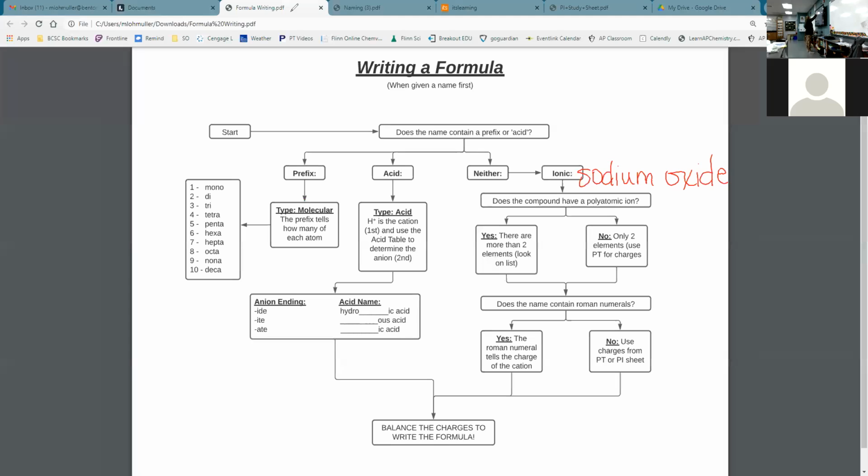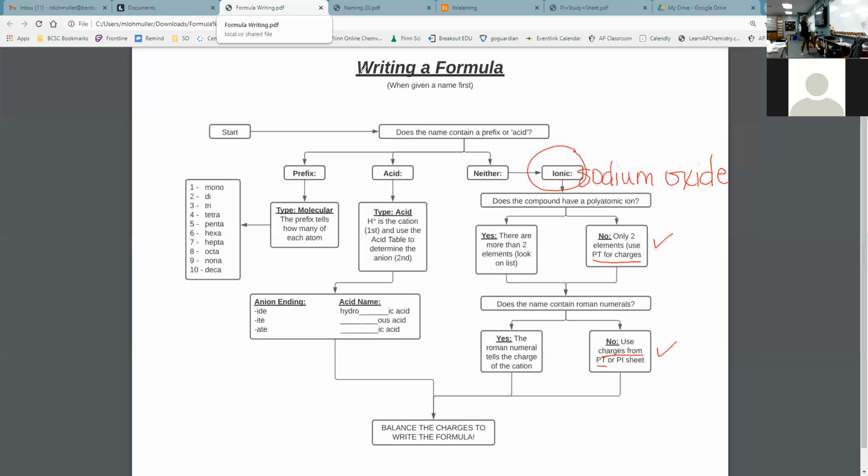So this one is going to be ionic because it doesn't have the word acid, it doesn't have the prefix, but it does not contain any polyatomic ions, and it does not contain any Roman numerals. So when it has a no for both of those, then that means that the charges are just going to come from the periodic table for each of those.